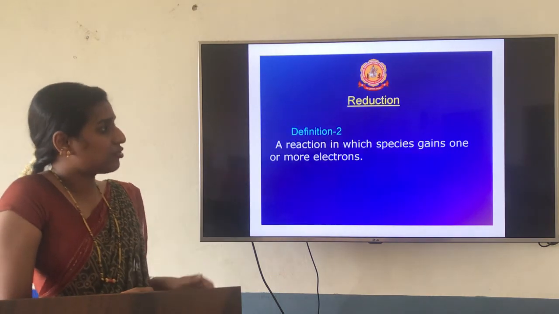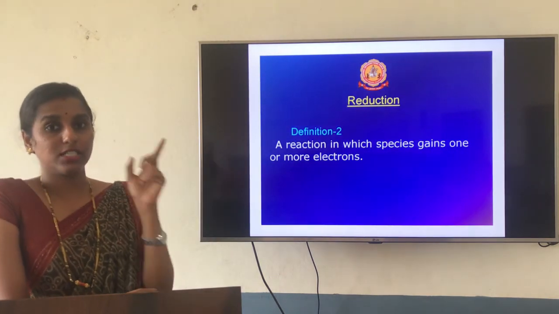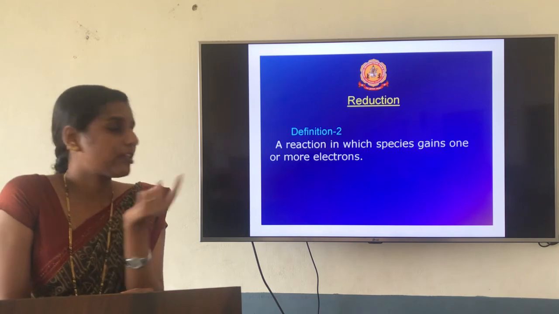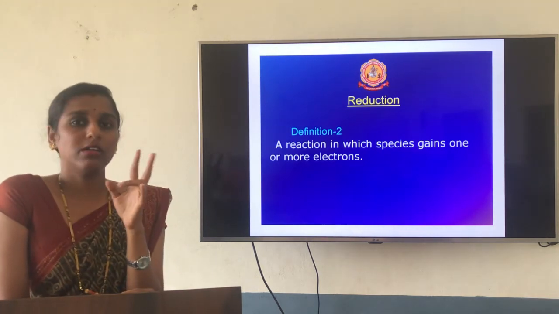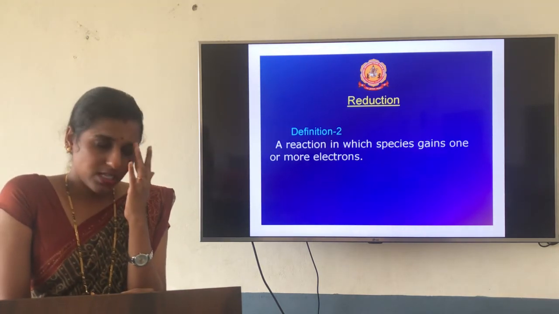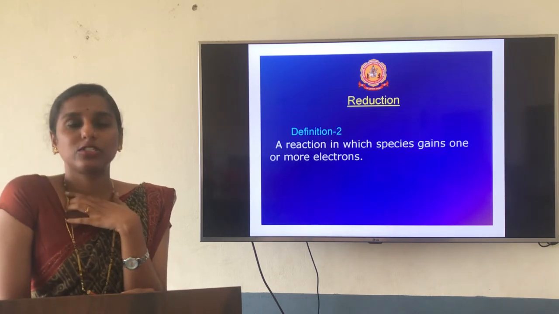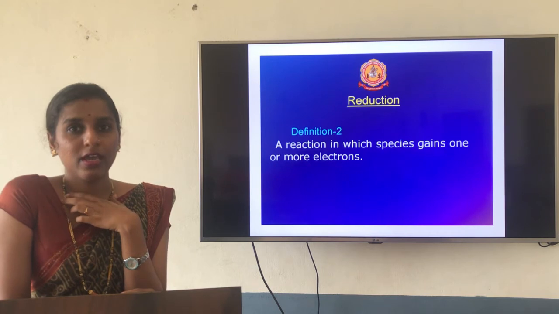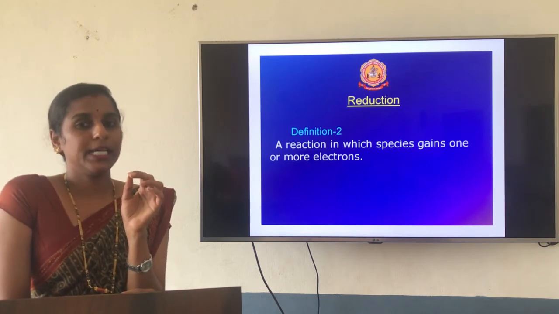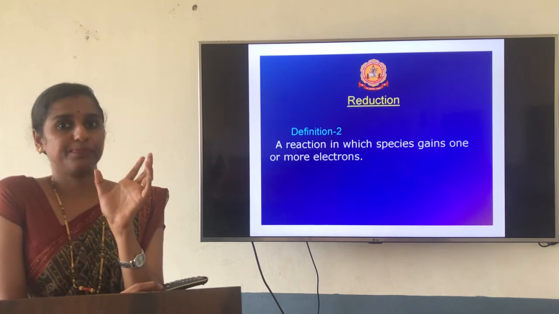Next, definition 2, based on electrons. Oxidation is nothing but losing of electrons, and reduction is nothing but gaining of electrons. Some students get confused with oxidation and reduction based on electrons. So remember one concept, OIL RIG.